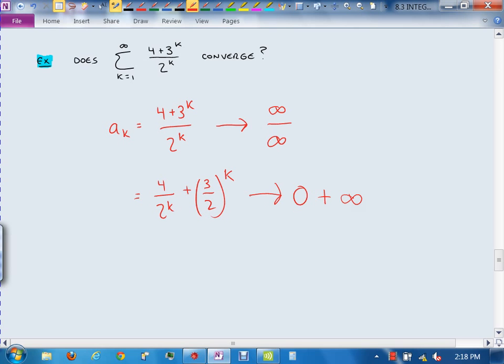So we're done. The limit as k goes to infinity of 4 plus 3 to the k over 2 to the k goes to infinity, which means that this diverges.